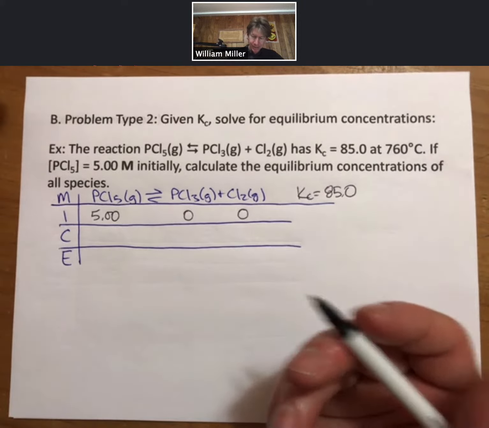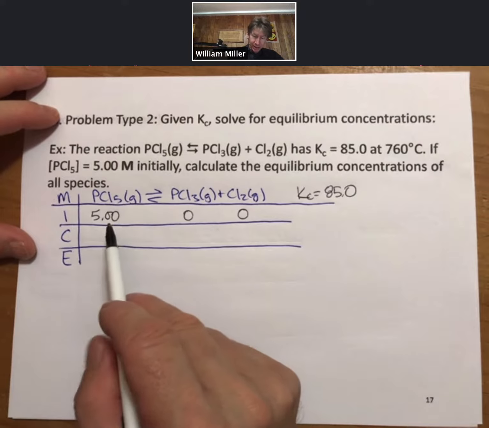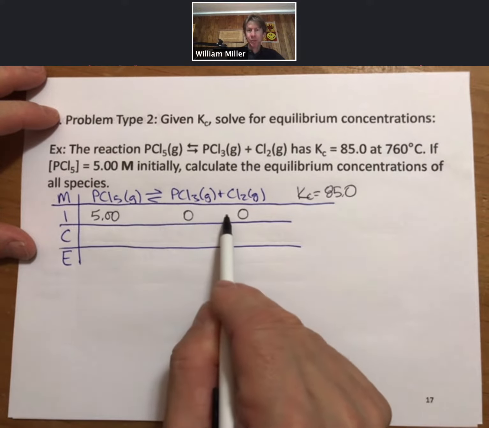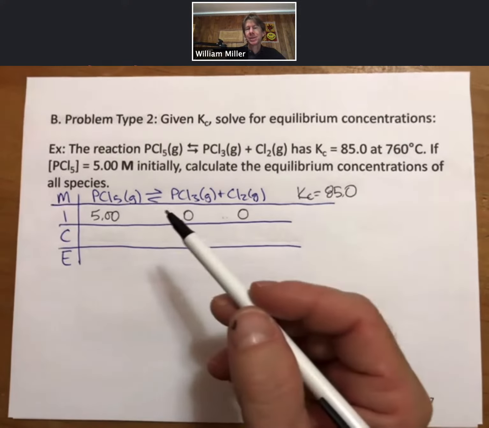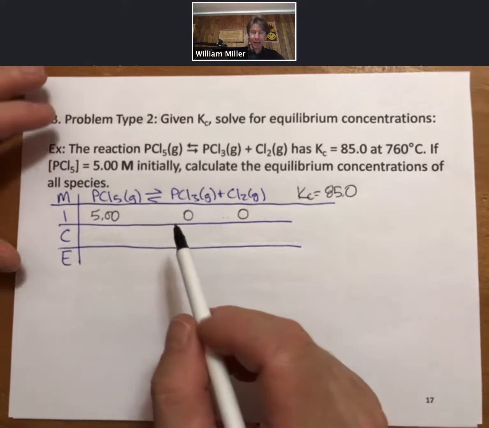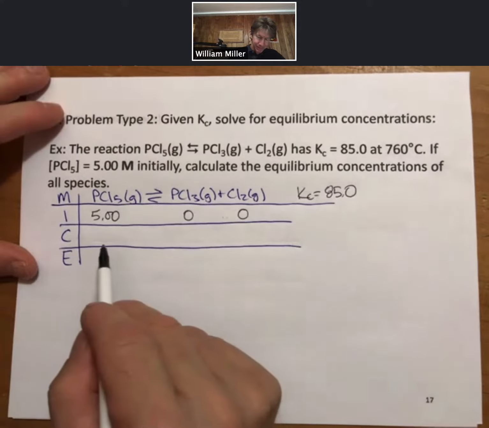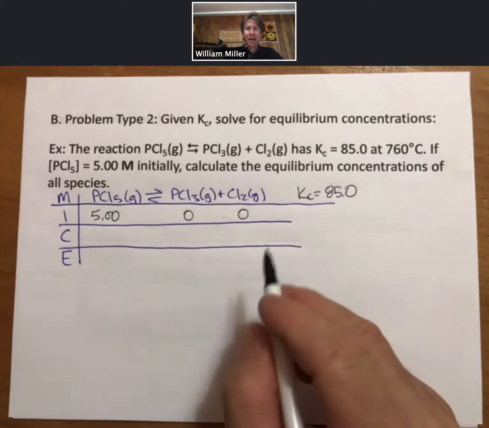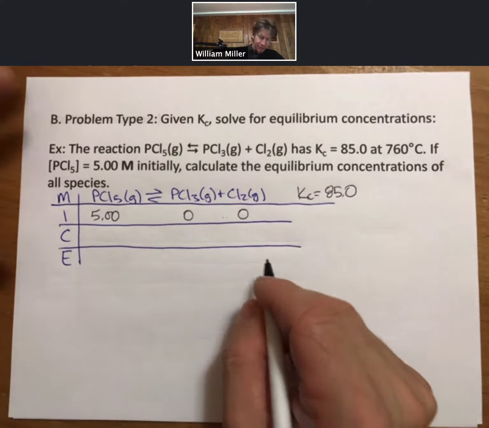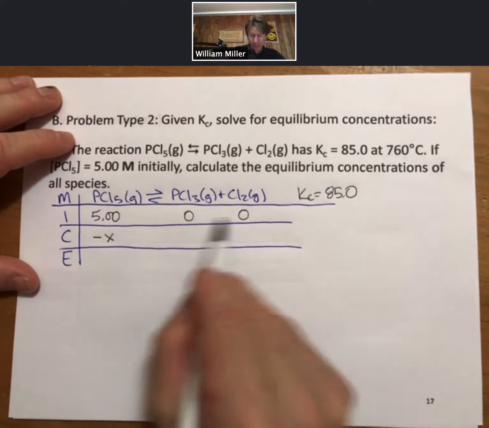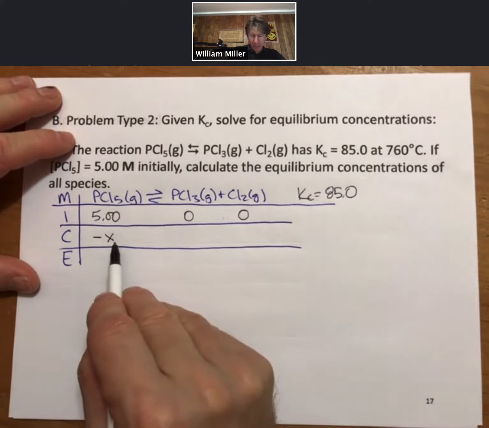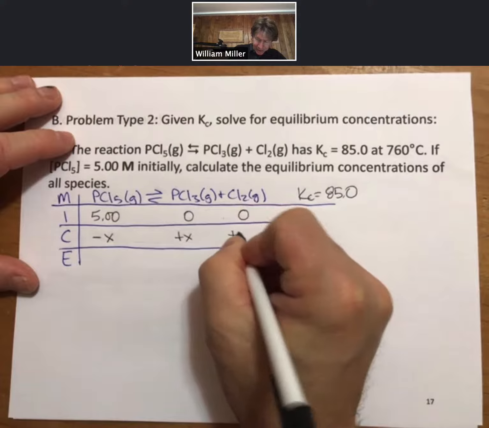Now, what's clear is that the reaction has to go to the right to generate products. Our Qc, if we calculated it, would be 0 and be less than Kc. But what's not clear is how much of this reaction occurs. But since it has to occur in the forward direction, I will put minus x here, and I will put plus x and plus x.